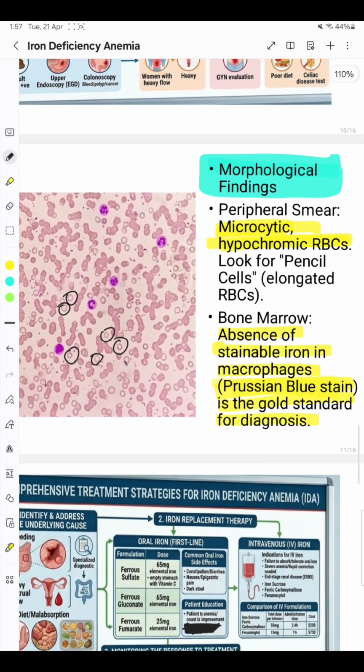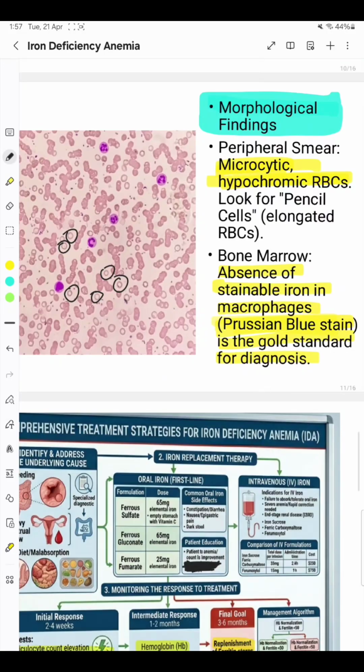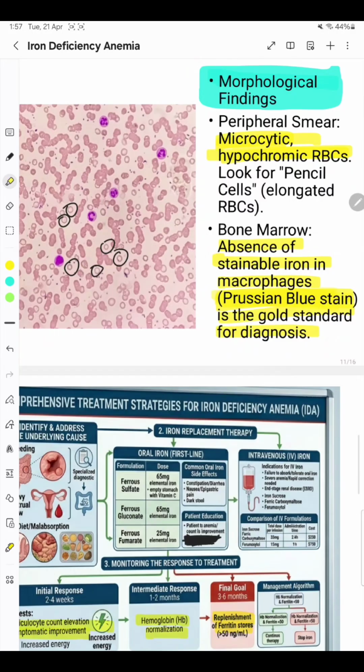On bone marrow examination, absence of stainable iron on Prussian blue stain is the gold standard for diagnosis. There is no iron available in macrophages of bone marrow in iron deficiency anemia, so there is no staining, and this is used as a gold standard for diagnosis of iron deficiency anemia.